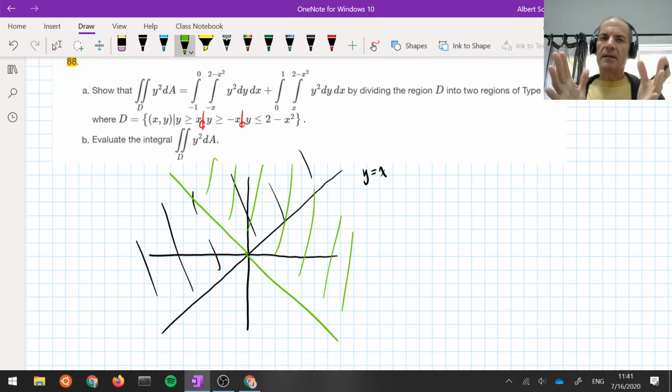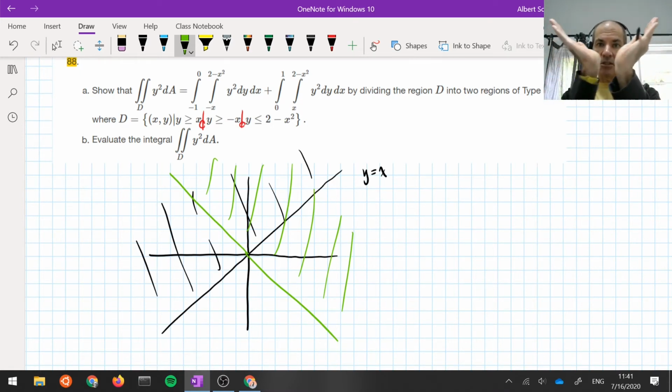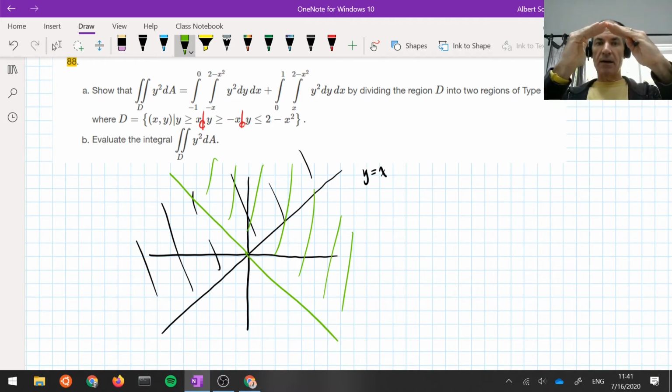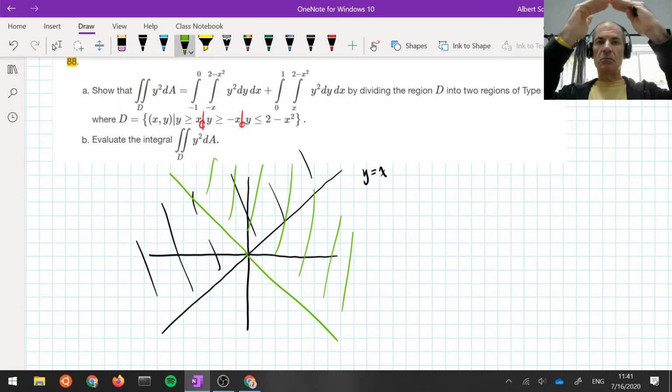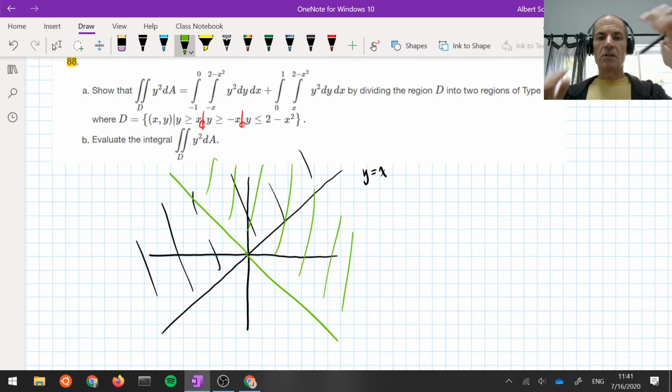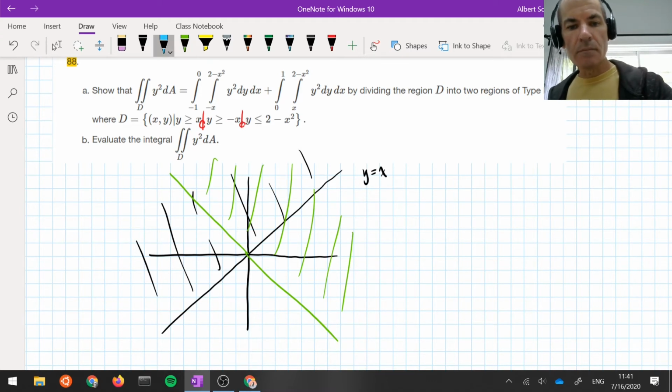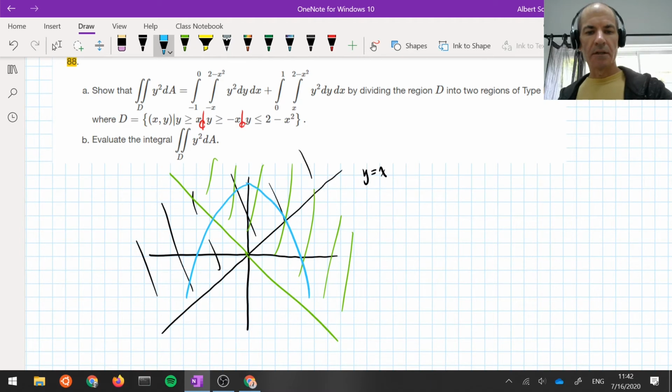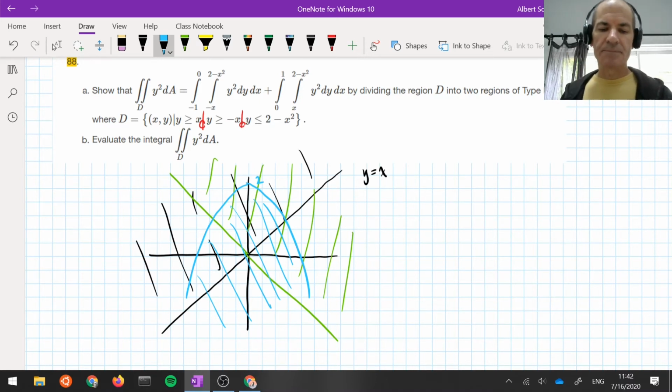Well, break it down. X squared is the parabola opening up. Minus x squared is that same parabola opening down with its vertex at the origin. And then adding 2 moves that whole thing up 2 units. So we're talking about a parabola that's shifted up 2 units and everything that's below that parabola.